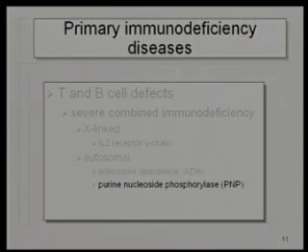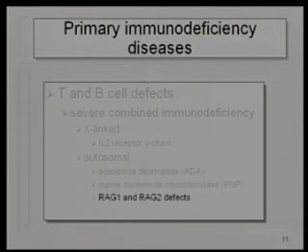These enzymes are involved in detoxification of adenosine as well as purine in their pathway. And the lack of these enzymes results in toxicity in both T and B cells, and these are killed off before they differentiate into functional T and B cells. And the consequence is, of course, lack of T and B cells in these patients.